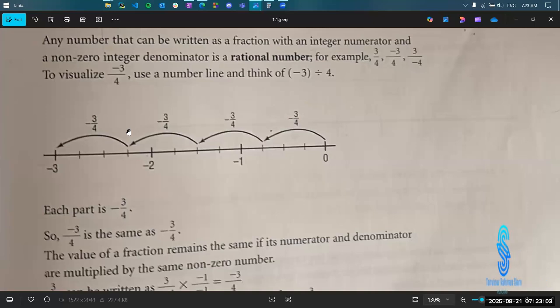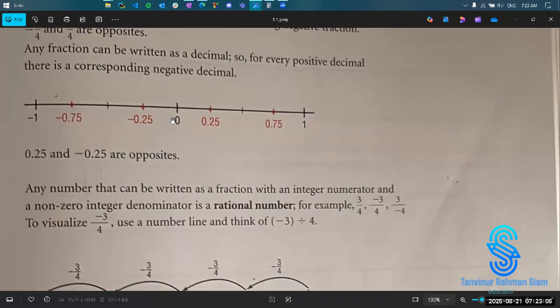So here, if we use our pen and go to the left side, it's 1 divided by 4. Since we are moving from right to left, it is negative.